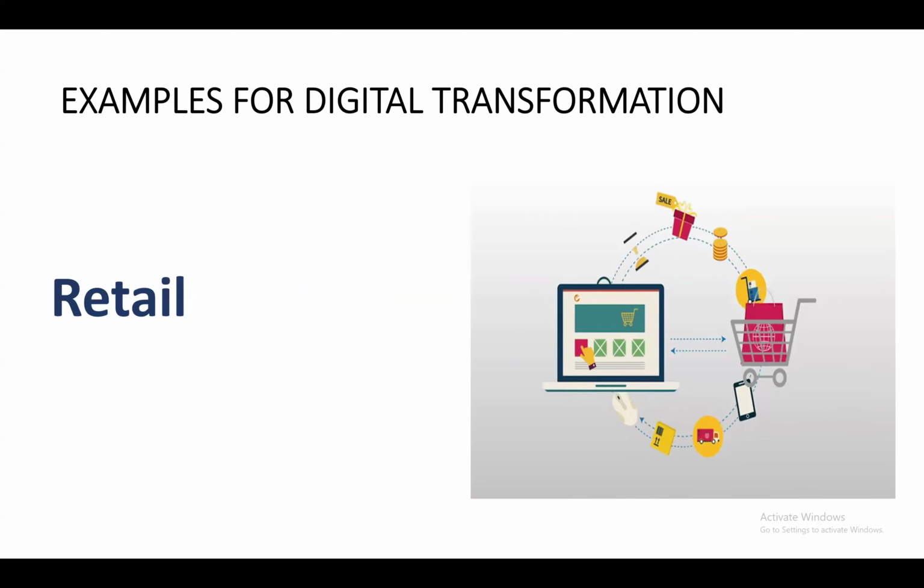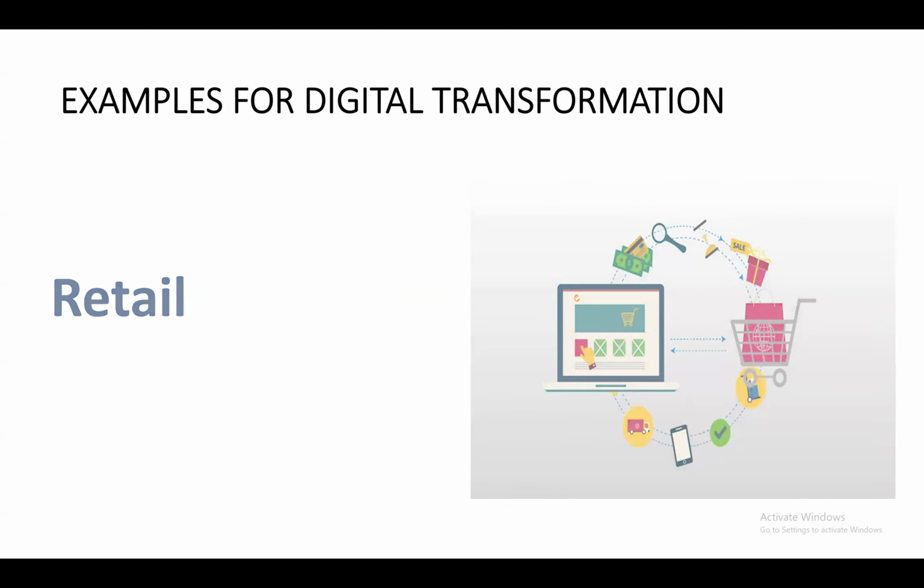If you go to a shop, they will scan your barcode and give you the price. Sometimes you can just put your card into a scanning machine, then the machine will detect all the prices and give you the bill. So the retail industry also has been digitalized.